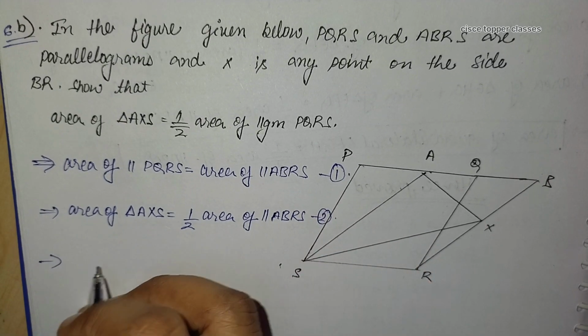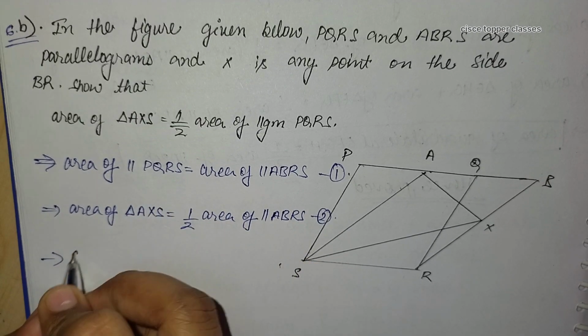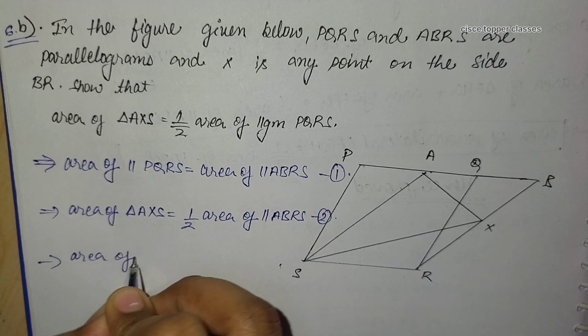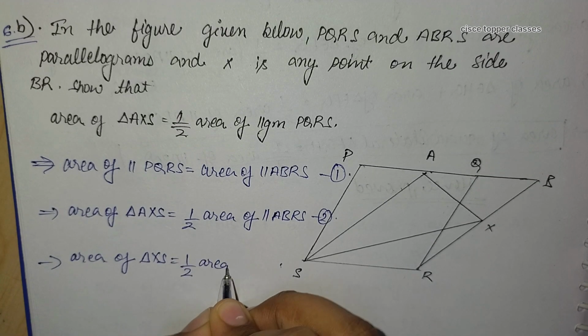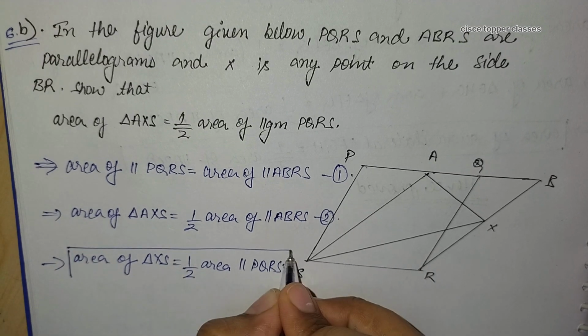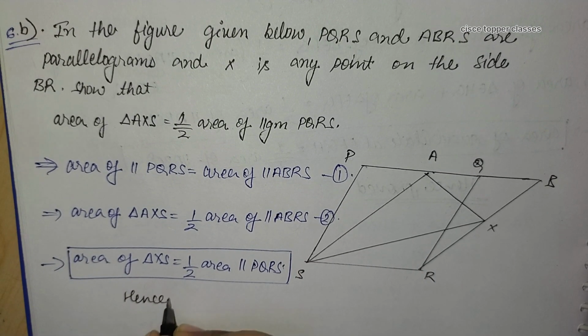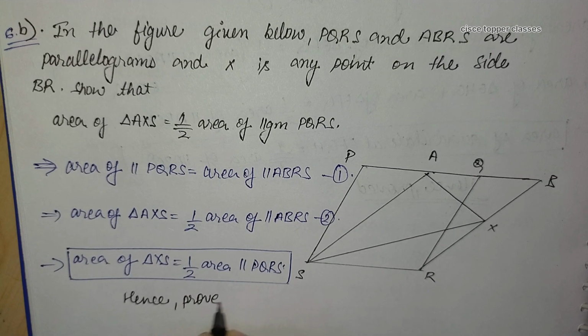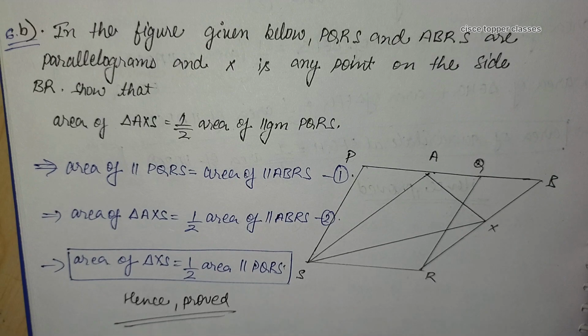From these two equations, simply we can write that area of triangle AXS is equal to half of area of parallelogram PQRS, and this is only we have to prove in this question, hence proved from here. Because ABRS here is equal to PQRS, so simply we can write this part.